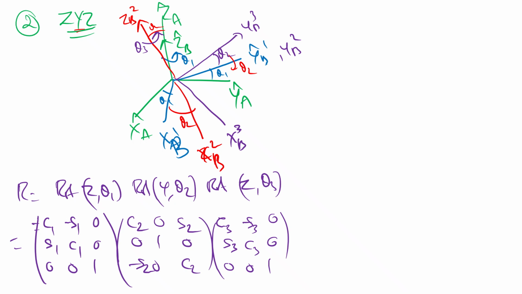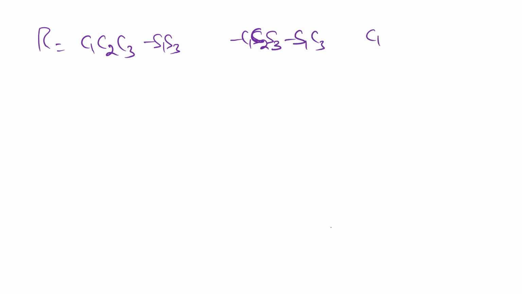Okay, so let's multiply this. Once we multiply, you will get the final answer. Or I'll take the next page. Okay. So after multiplication, your final answer is C1, C2, C3 minus S1, S3, then minus C1, C2, S3 minus S1, C3, then here C1, S2.